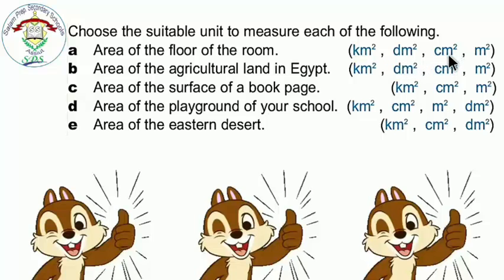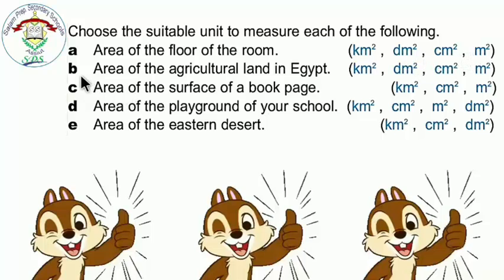Square centimeter is used to measure the area of a small object. The floor of the room is long, so we will use the long unit of area, square meter. Please take care: square decimeter is smaller than square meter.